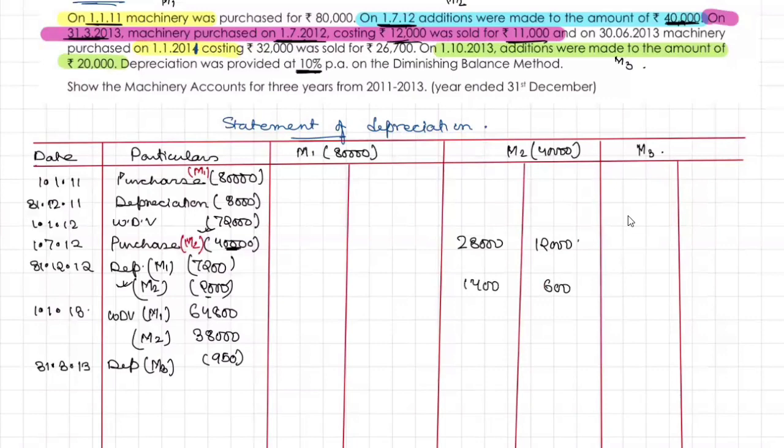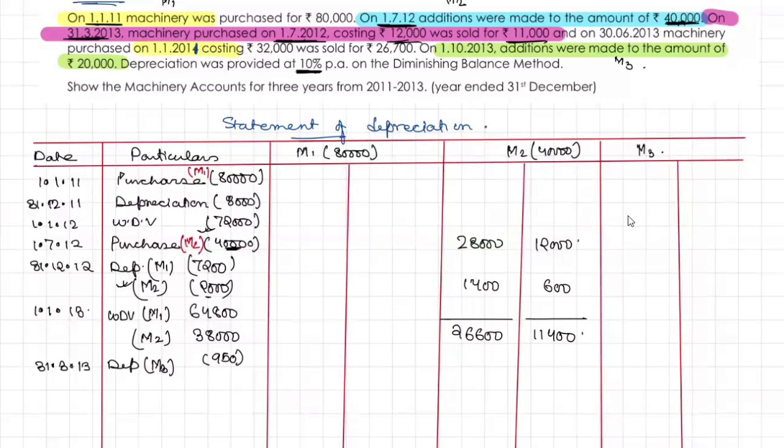Correct? So what will be the WDV that will be left? From 28,000, if we deduct 1,400, it will be 26,600. And here it will be 11,400.